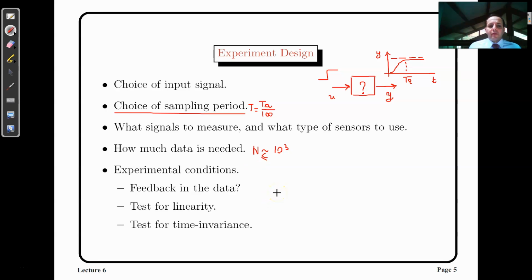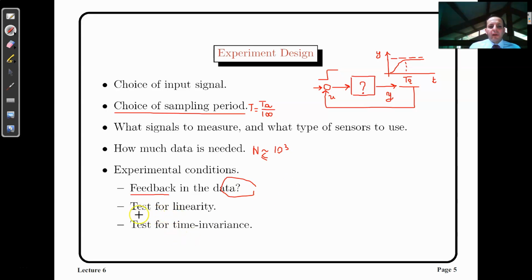For example, if there is feedback in the data, that is an important point. If the system that you are identifying contains some feedback, perhaps the procedures that we are examining are not the best ones. You need to consider some specific identification schemes for closed loop systems, which are different from the methodologies that we examine here.